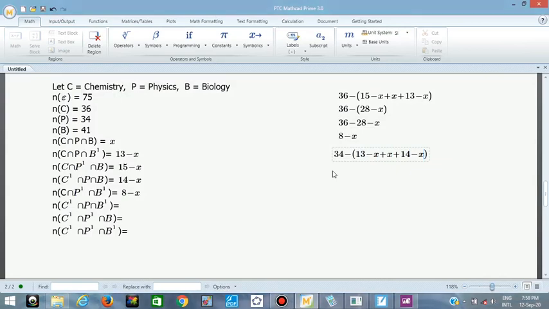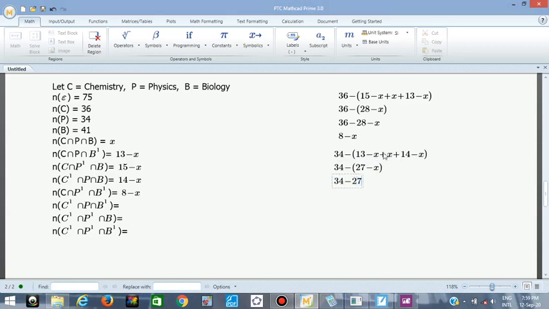Then if you walk downward, you have 34 minus, you open your bracket, 13 plus 14, these are the like terms in bracket, which is 27. Then x minus x here is 0, leaving minus x.